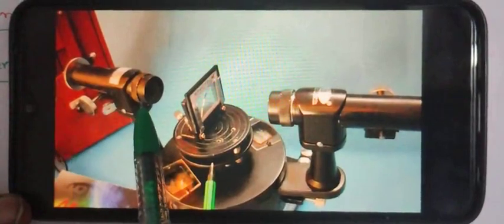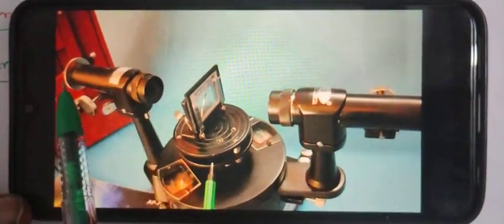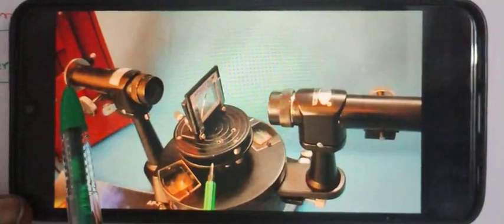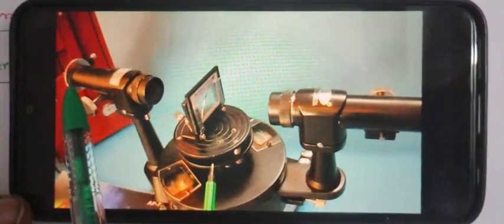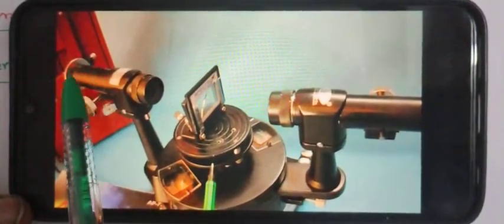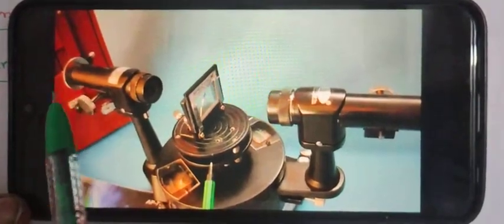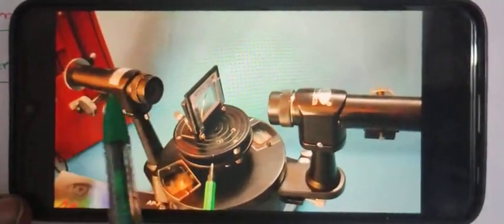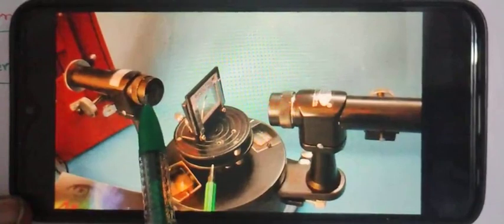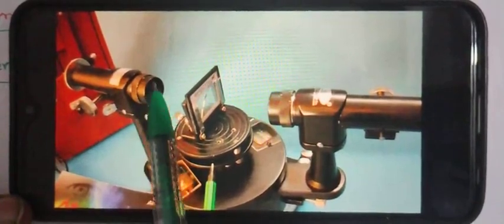In the collimator, on one side there is a convex lens and on the other side the slit. The size of the slit is adjusted by a screw attached to it, and the distance between both is kept equal to the focal length of the convex lens.